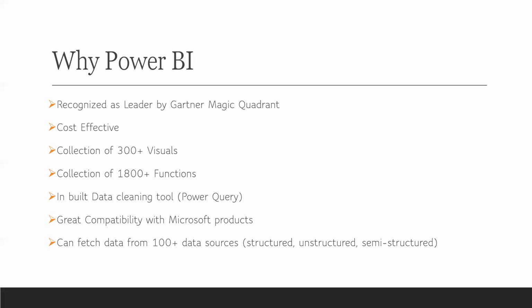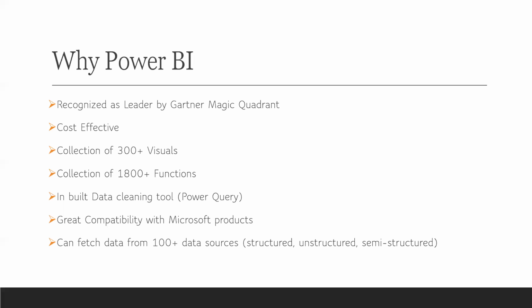Once you create a report, you can publish it into Microsoft SharePoint, which is a kind of portal that most organizations use. And you can also publish this report into Teams. I'm going to show you some examples of how it interacts with other products. And then it can fetch from hundreds of data sources.